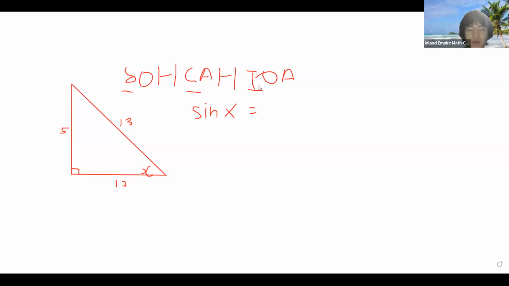My head doesn't want to work. But it's barely any work though, right? Because you just have to take the opposite over the hypotenuse. And what's the opposite? It's 5, right? And what's the hypotenuse? 13. So isn't opposite over hypotenuse just 5 over 13?